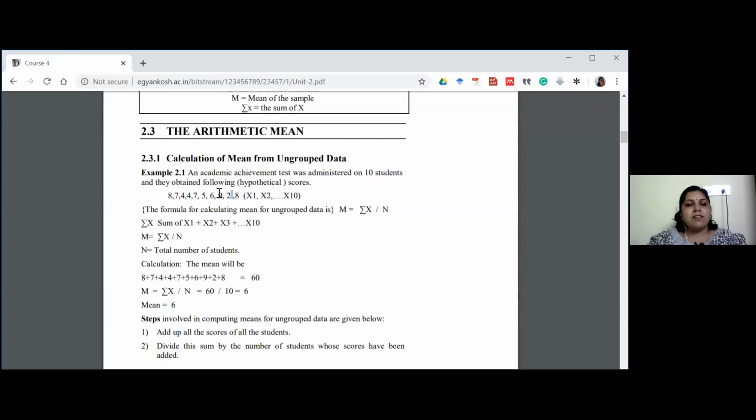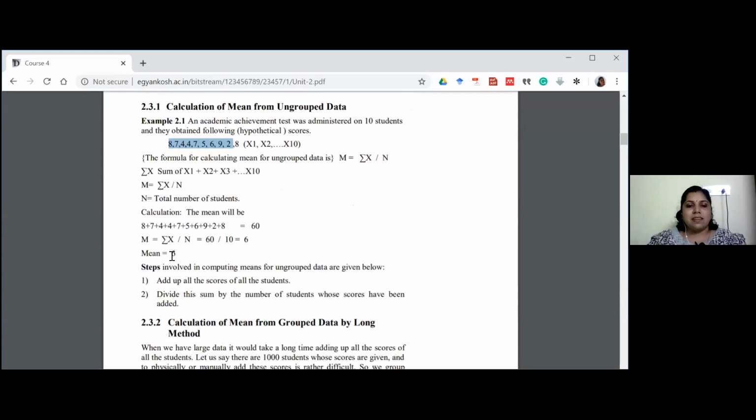The 10 values have to be added, divided by the number of values, which is 10. The sum is 60. Then you divide by 10. 60 divided by 10 is 6. So the mean is 6. For ungrouped data, add up all the scores of the students together and divide by the number of students whose scores have been added, and that gives the answer.